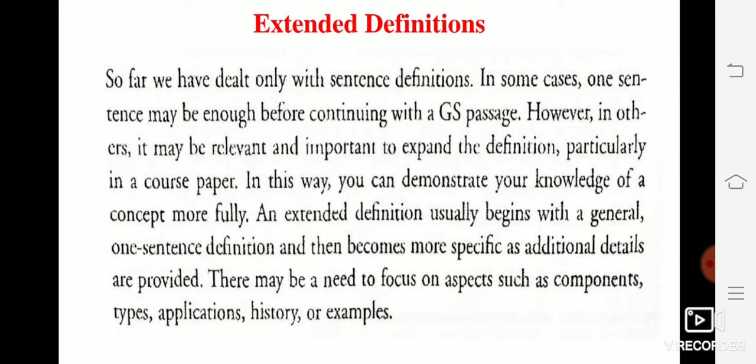But with extended definition, the definition can be given in a few sentences or in a whole paragraph. I think you understand the word "extend" means make it longer. Okay, look at here.